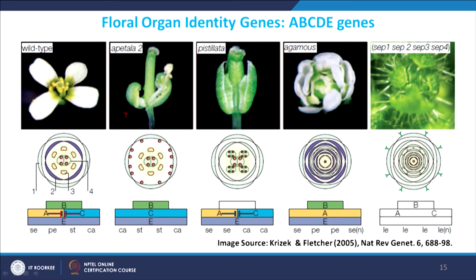So this region now has C and E, and C and E will give carpel. Then you have B, C, E, which gives stamen, B, C, E, which gives stamen, and here you have carpel. So in an A class mutant, you can clearly see that your flower will have carpel, stamen, stamen, carpel.